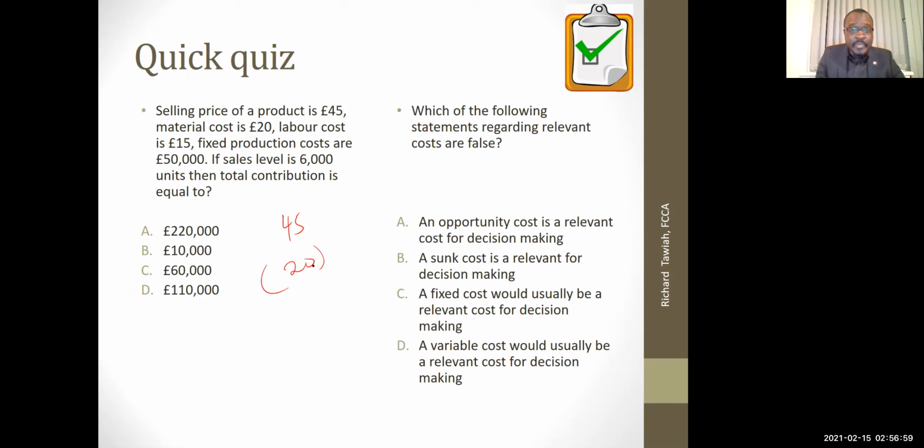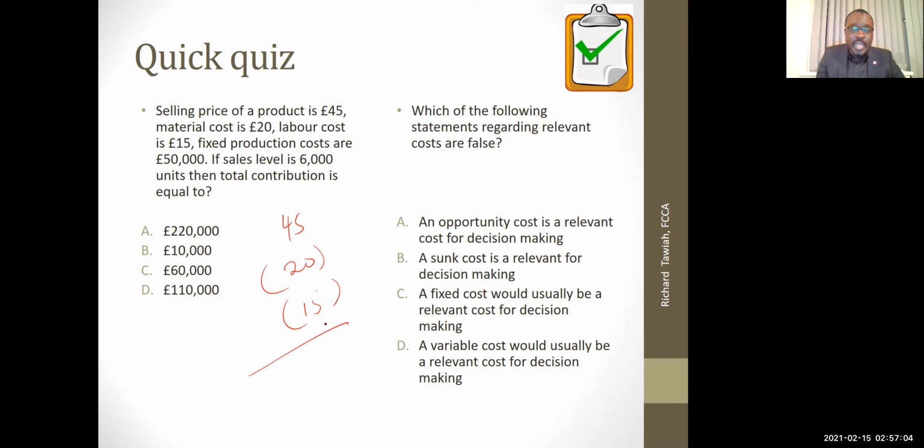We subtract it. Labor cost is 15. We subtract it. So 45 minus 35, you get 10. If the sales level is 6,000 units, find the total contribution.